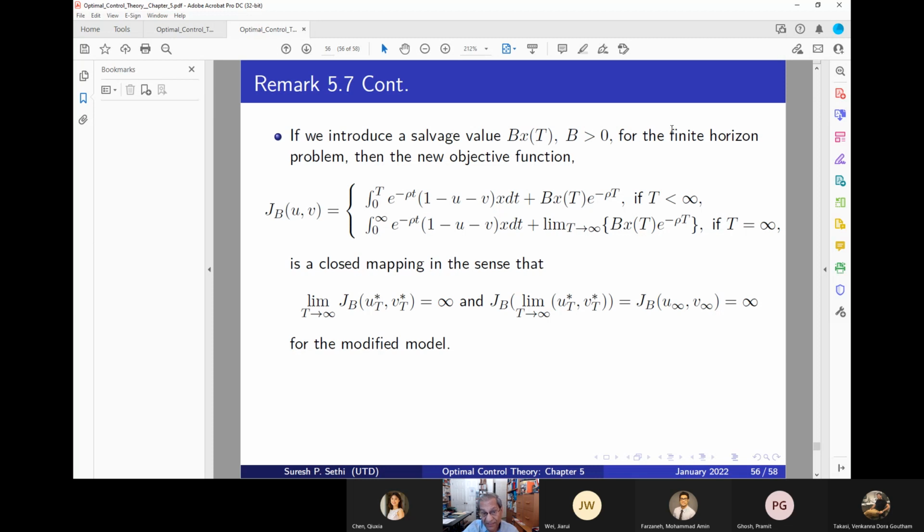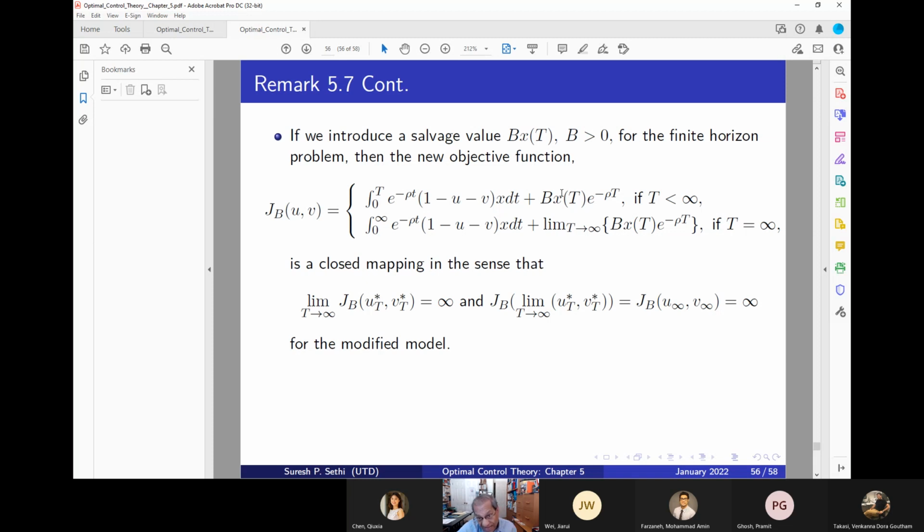Now the new value, J_B(u,v), is a closed mapping, because that value is going to come to the stockholder at infinity.